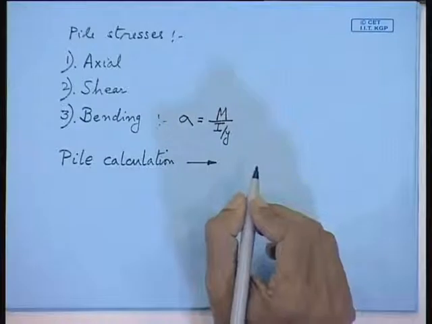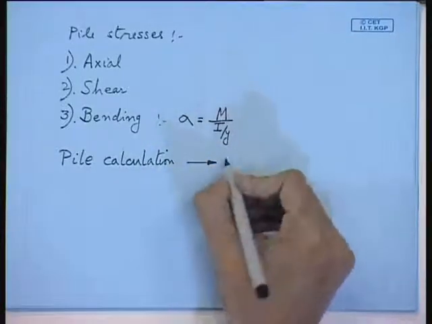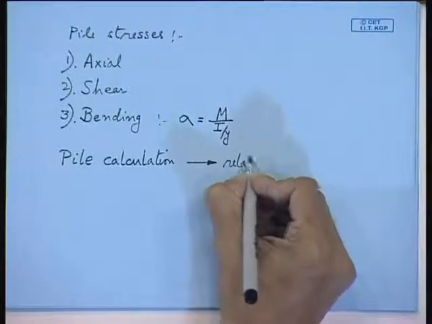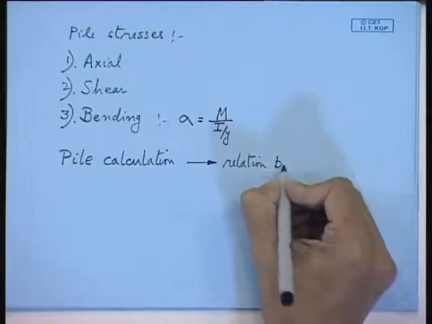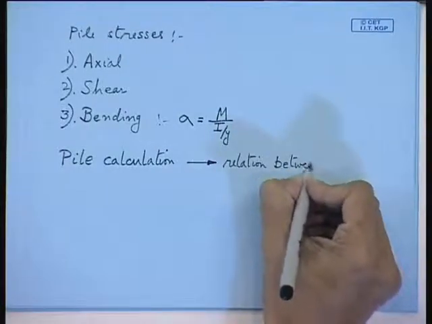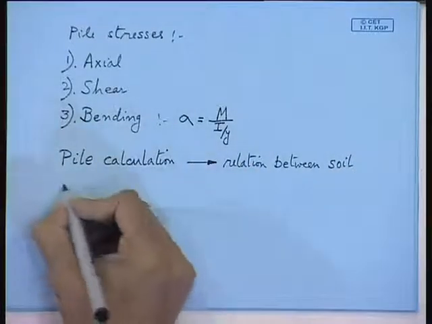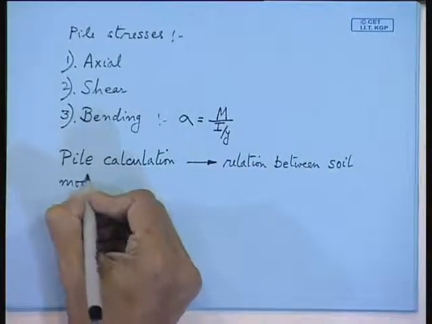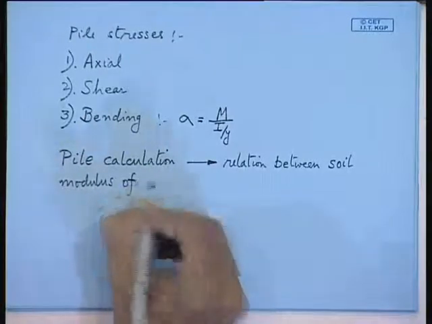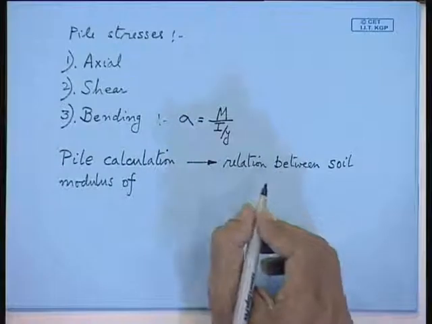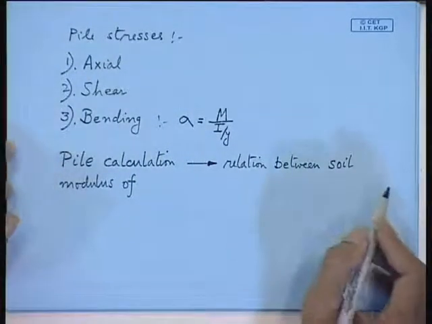Now in the formula for this bending you have to have a relation between soil modulus of elasticity and rigidity modulus of pile material, or rather you can write pile cross section. Actually this type of calculation you are not familiar with, because most of you are familiar with the buoyancy calculations.